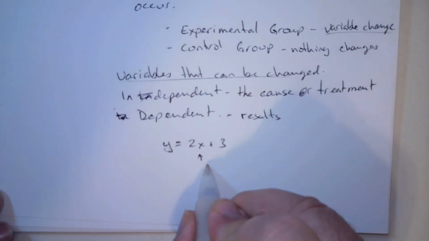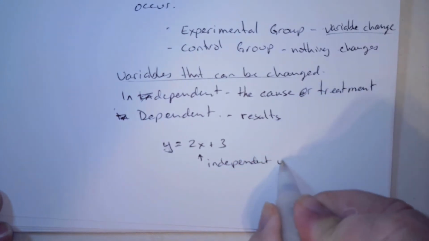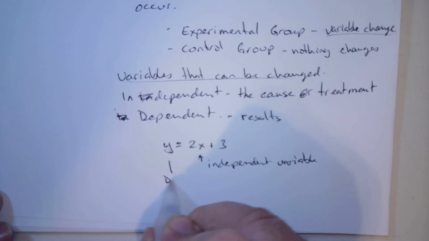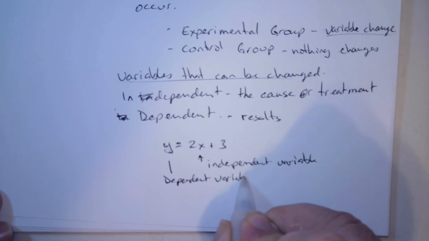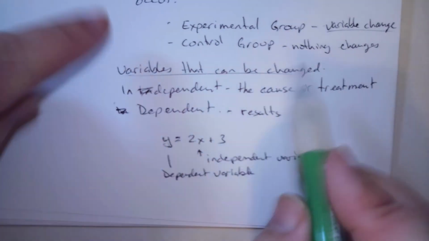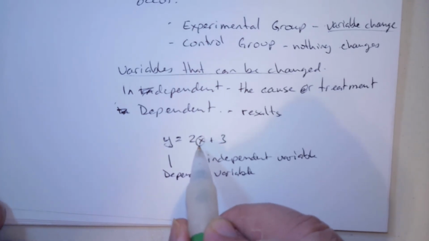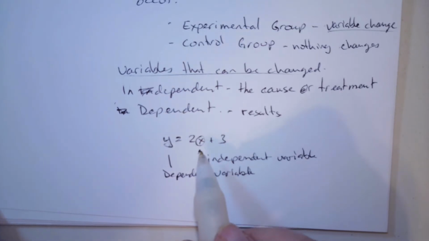The x is the independent variable, and y is the dependent variable. In other words, this is the same as in your experimental group. The researcher can change this variable, the input variable.